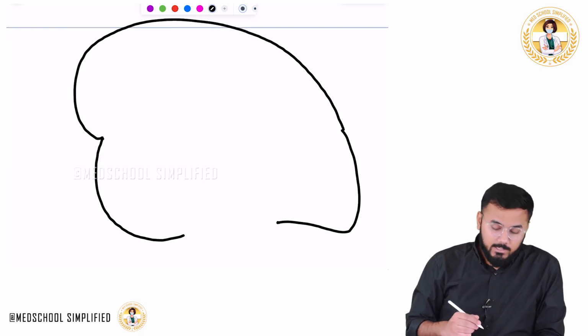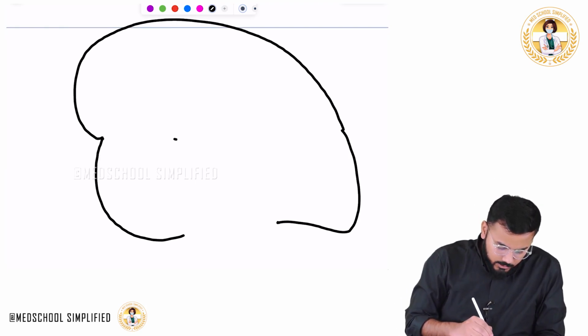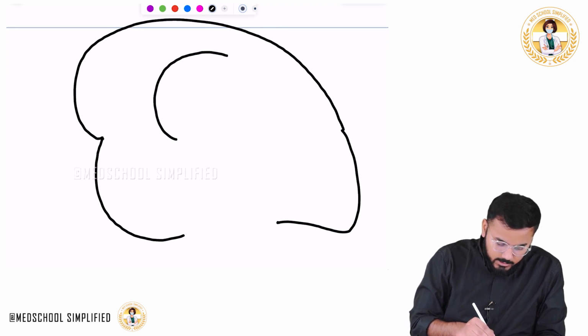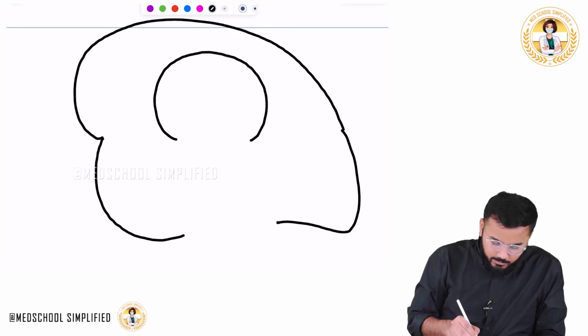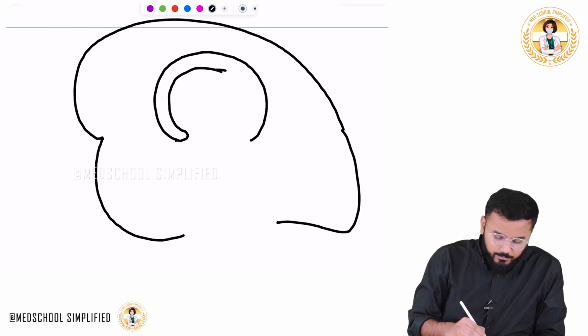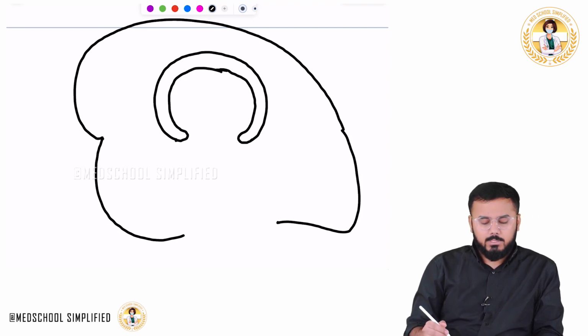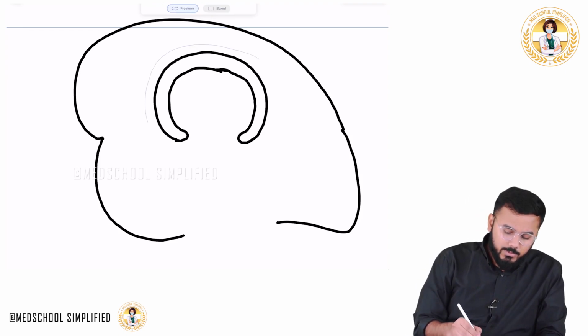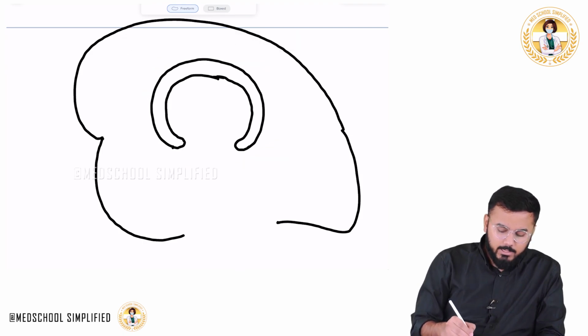How can you tell that this is the medial surface? Because on the medial surface you have a structure like this, which I am drawing right now, called the corpus callosum, present on the medial side.